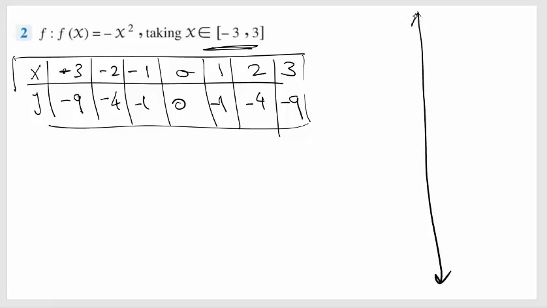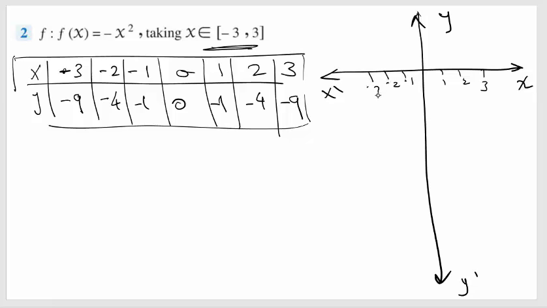As you see, here I don't need positive numbers on the y-axis. I need negative, so I will make the negative part much bigger than the positive part, to be smart while you are graphing your function. I will put 1, 2, 3, -1, -2, and -3 on the x-axis, 1, 2, 3 on the positive y side, and in the negative part it will be -1, -2, -3, -4, -5, -6, -7, -8, -9, and -10.